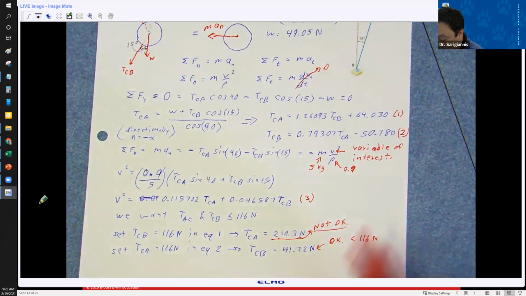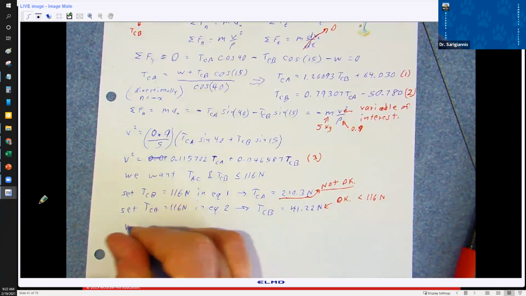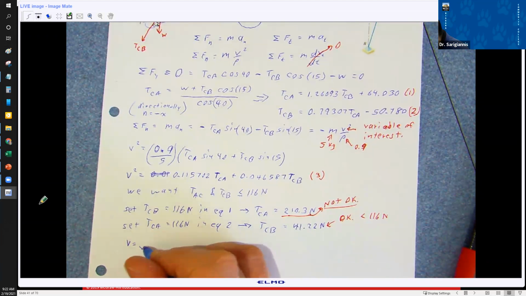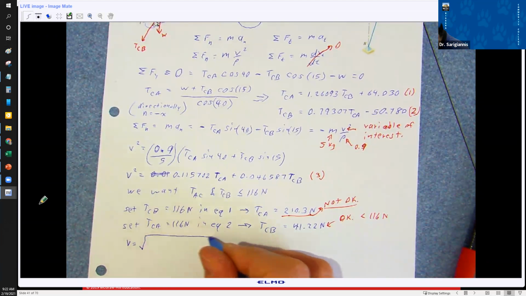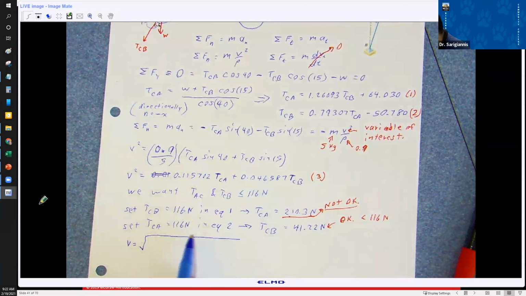So let's look at this. Let's put this in here. So V is basically the square root now of this equation with these 2 values in it, right? This is our upper limit. This is our maximum speed.